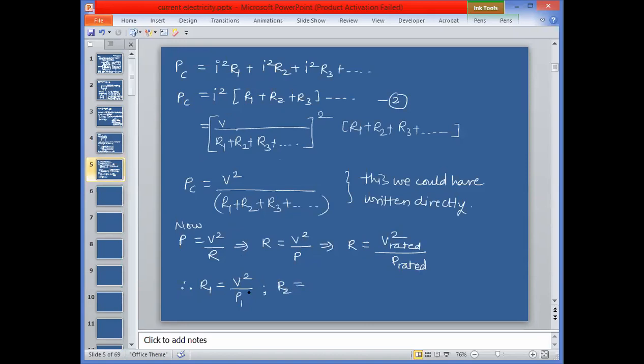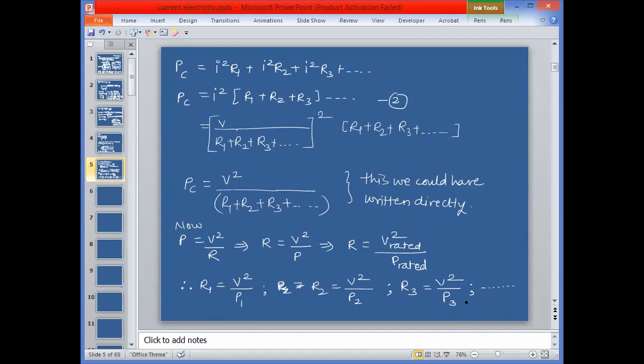R2 is equal to rated voltage for the second resistance V, squared, rated power P2, rated voltage for the third resistor V, again square, no need to say V3, rated power is P3, and so on.